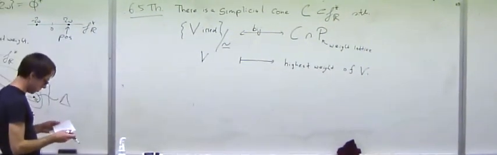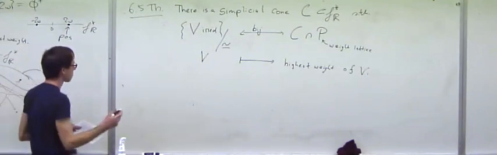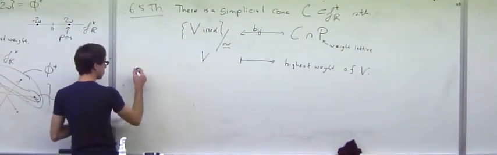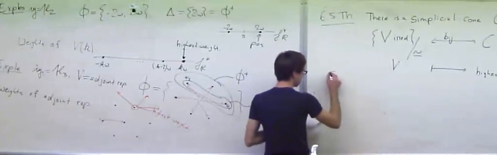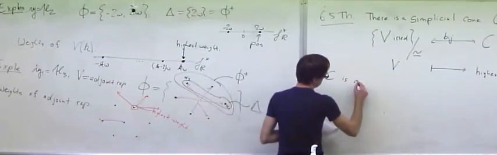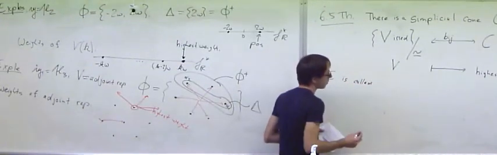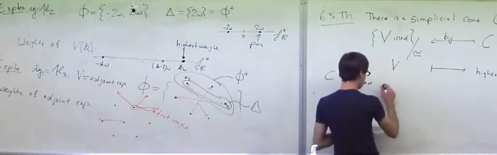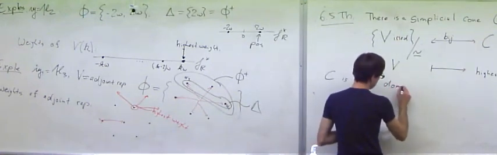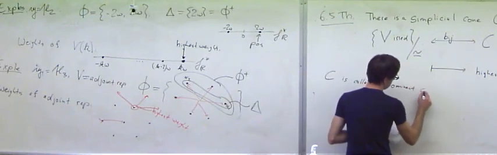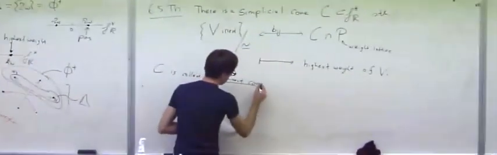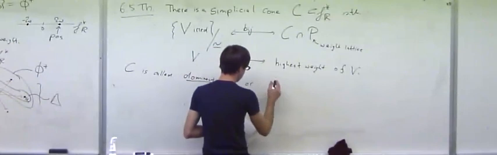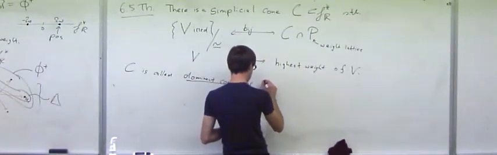So that's it. So maybe also the names, definitions. C is called the dominant cone, or the fundamental Weyl chamber.